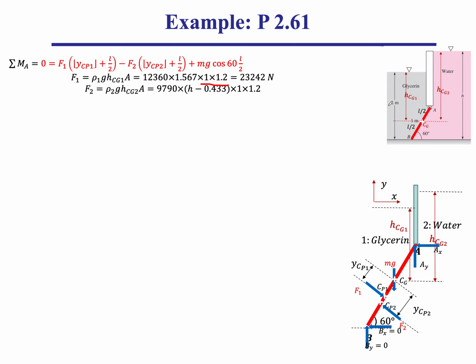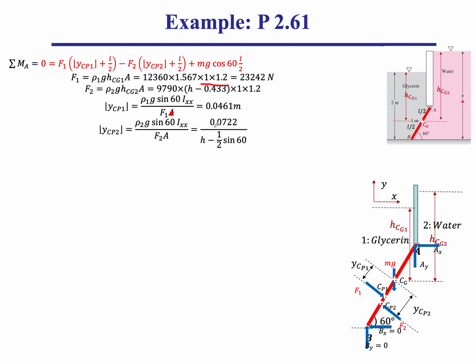So we get also F2. It remains in terms of the height of water H, and we need YCP1 and YCP2. So YCP1, we get it. I think there is no A here. I have to double check the formulas.